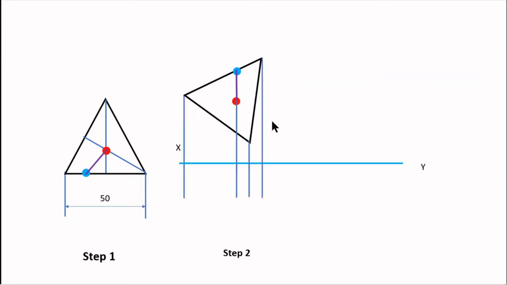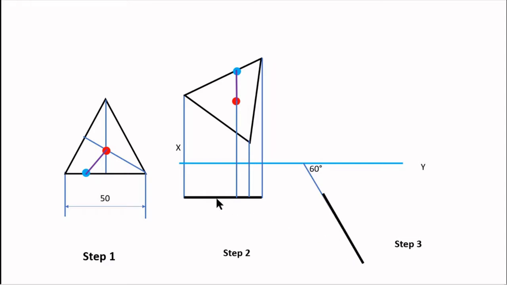We project the endpoints into the top view plane and find the top view. We use this line or edge view in step 3. We incline the line at an angle of 60 degrees.